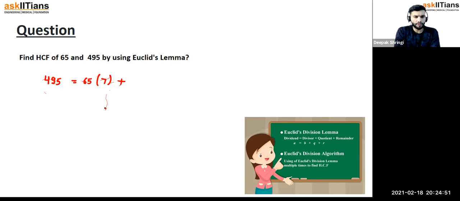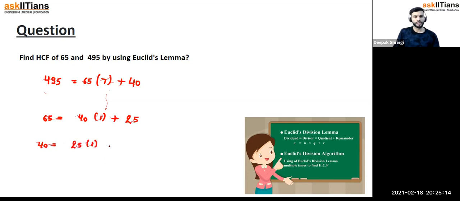If 455 is there, 40 would be the remainder, right? Everyone, now you can write the divisor 65 as 40 into 1 plus 25, right? And then you can write 40 equals 25 times 1 plus 15, right?